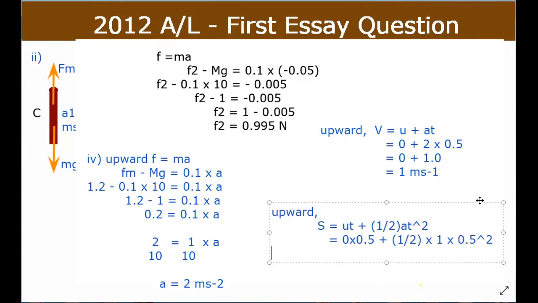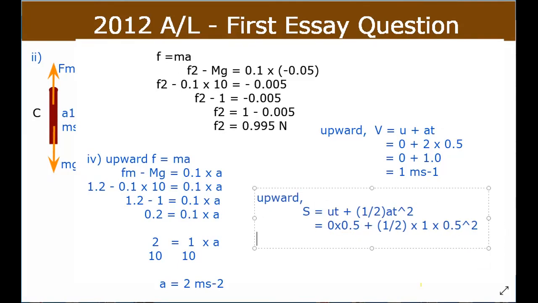What will happen there? 0 into anything is 0, plus half. Let me write half as half. So acceleration is 2, right?